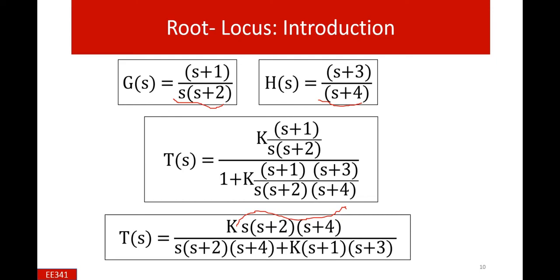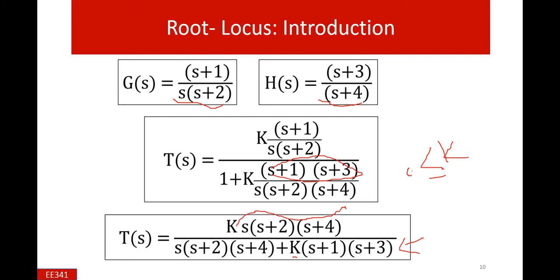The zeros of the open loop transfer function are part of the closed loop poles, but dependent on K. This is important. If we change the value of K from some minimum value, maybe 0, then there are only three poles: one at 0, another at -2, and a third at -4.